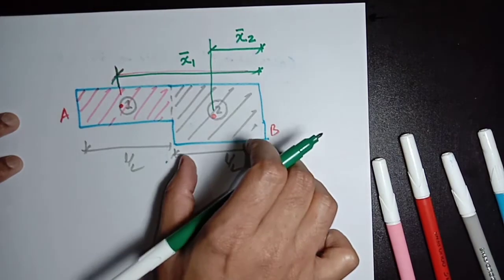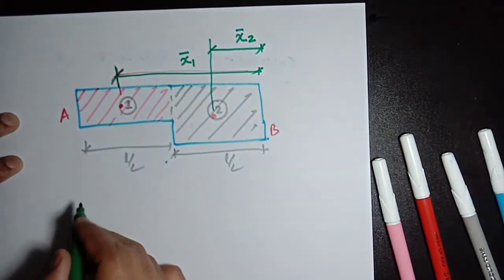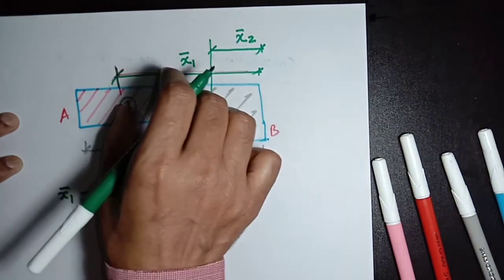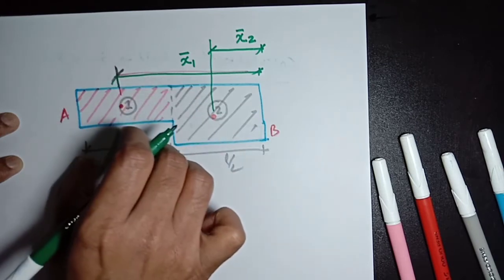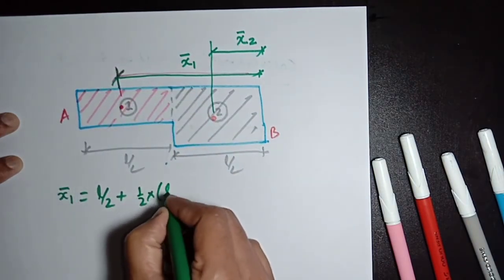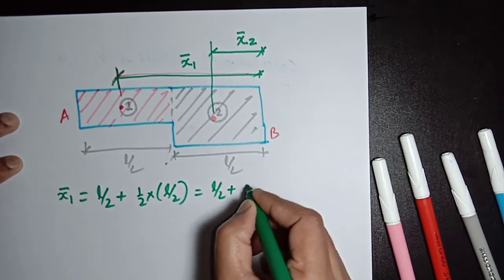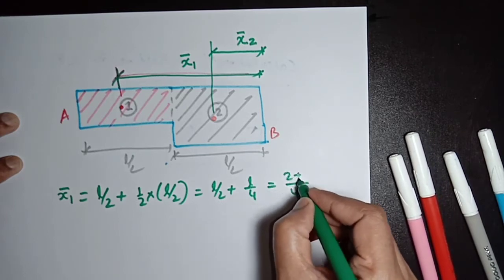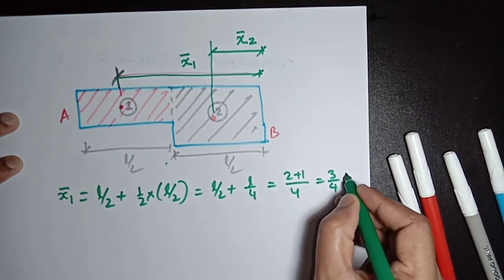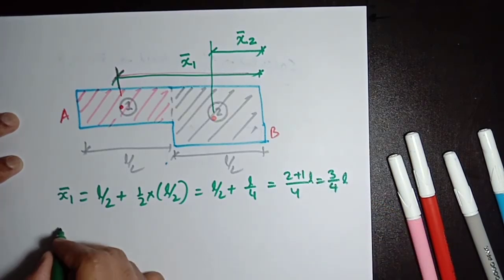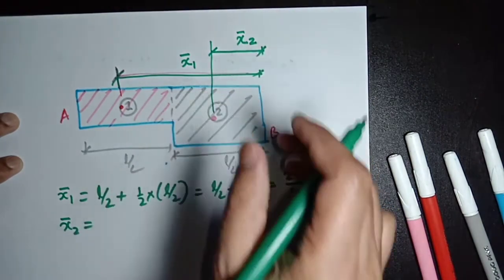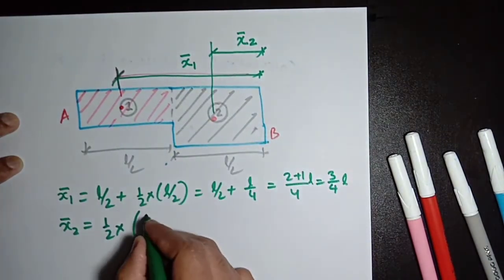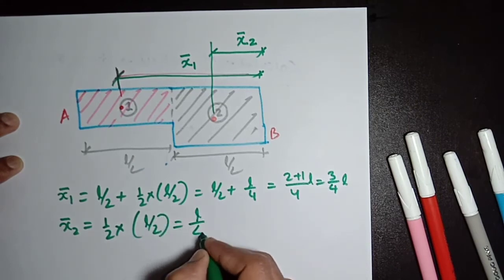Now x1 bar will be L by 2, this length, plus half of this length L by 2, so it will be L by 2 plus L by 4, which is 3 by 4 L. And x2 bar will be half of L by 2, so it will be L by 4.